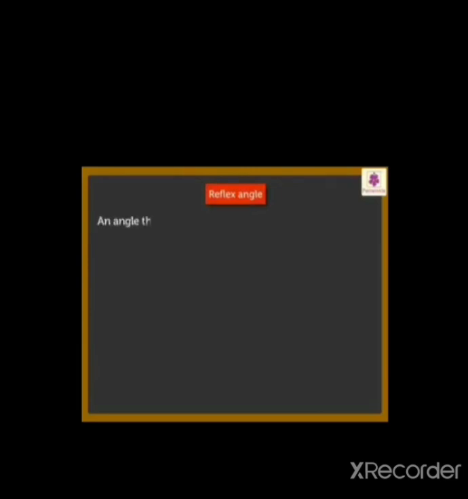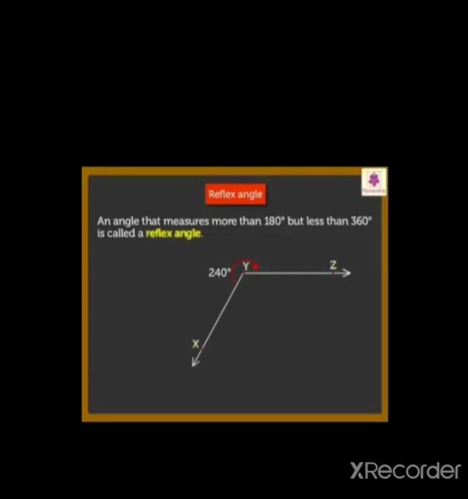An angle that measures more than 180 degrees but less than 360 degrees is called a reflex angle. Here, angle XYZ shown by the arrow measures 240 degrees. So, angle XYZ is a reflex angle.